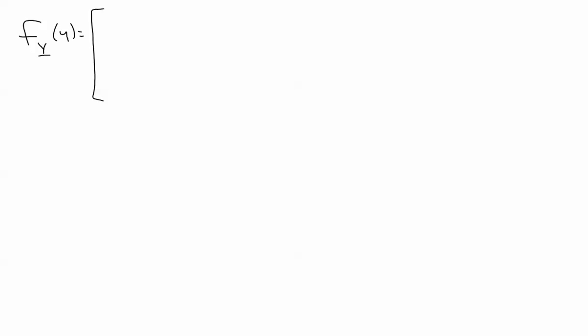I'm going to have 1 over sigma square root of 2 pi e to the minus y over 2 sigma squared a times 1 over 2 times the square root of ya, and here's where my step function comes in, u of y.